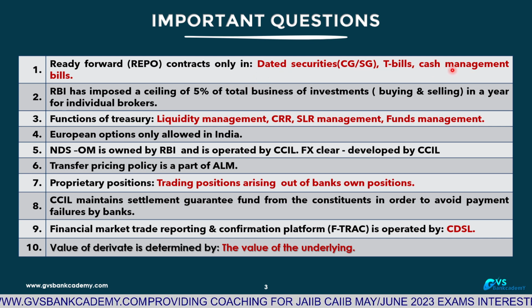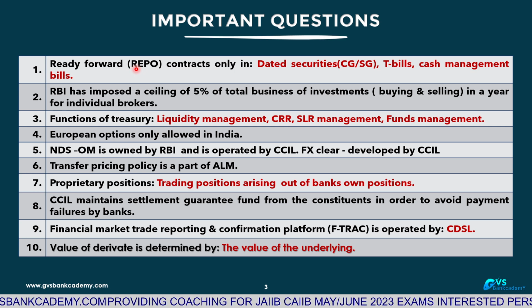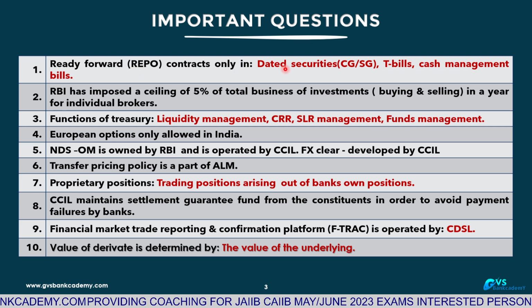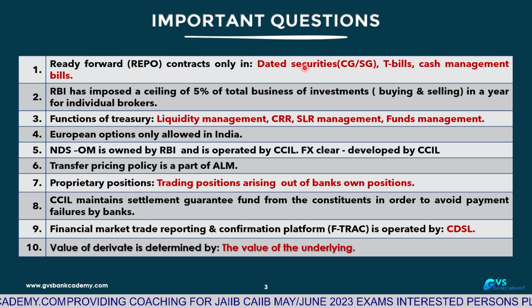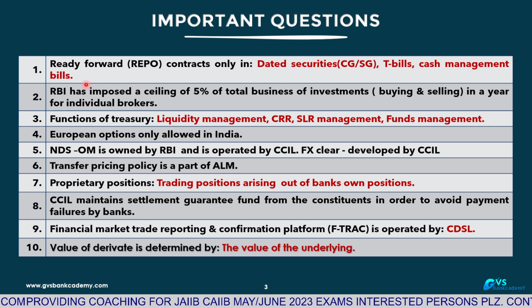All these securities are accepted under repo borrowing from RBI. At the time of borrowing from RBI, banks have to give security. What securities? Dated securities, treasury bills, cash management bills.